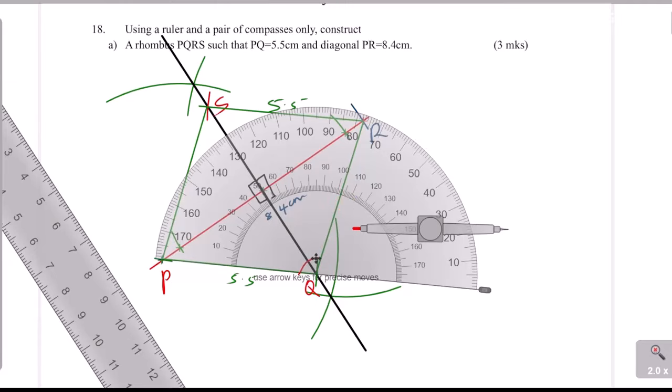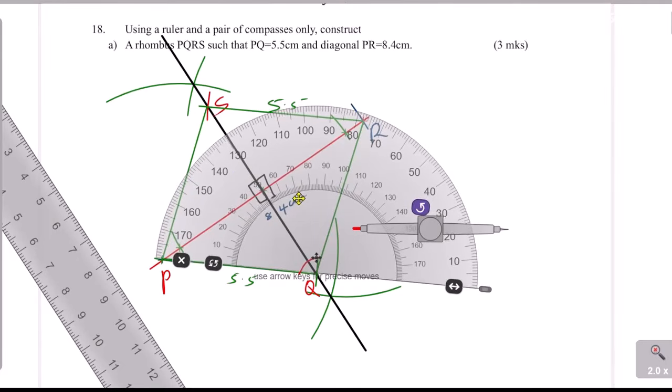It's around 102. Let me confirm whether I've placed this one in the correct way. Yeah, 100, 101, 102.